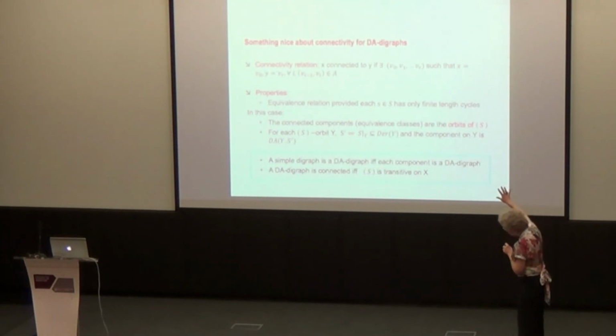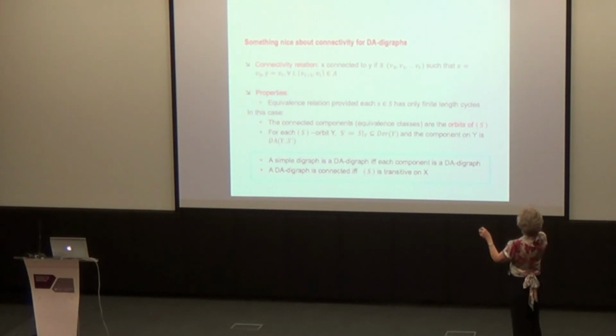Now I'm doing this in a little bit of a complicated way because it does work in the infinite case. So I've got this connectivity relation which everyone uses in digraphs. I'll say that x is connected to y if there is a directed path that starts with x and finishes with y, and each of these, the i minus 1 to the i, is a directed edge, an arc in the graph.